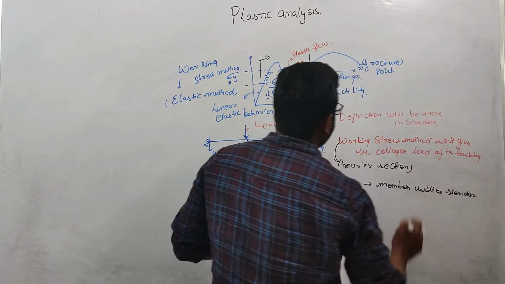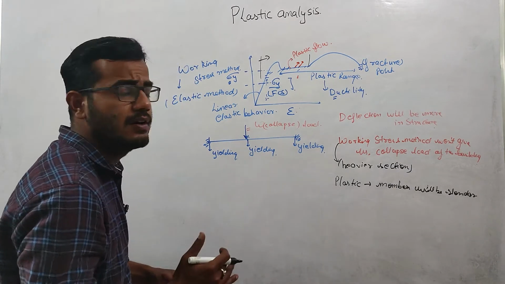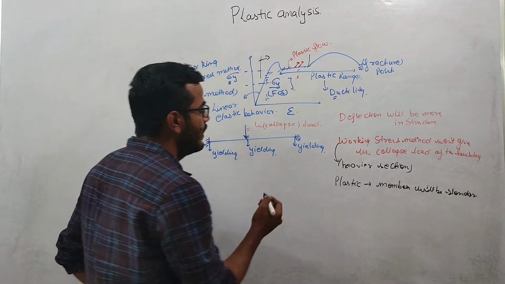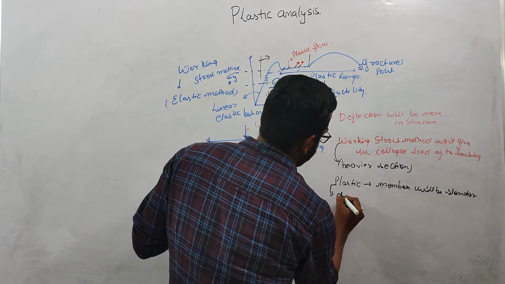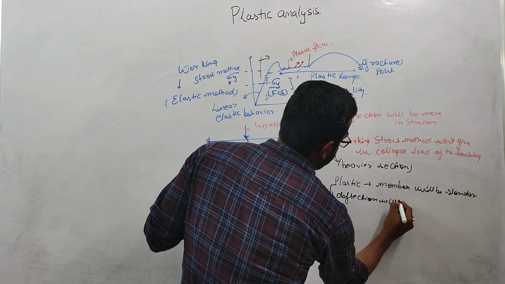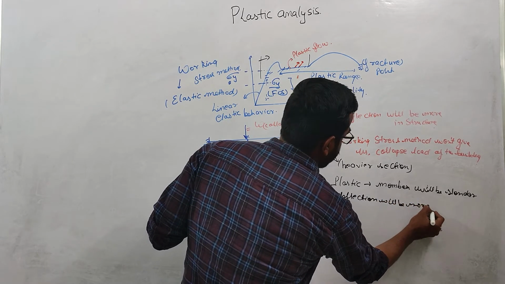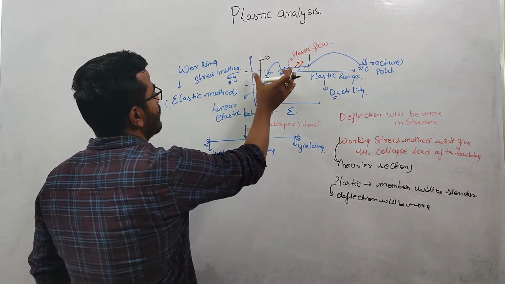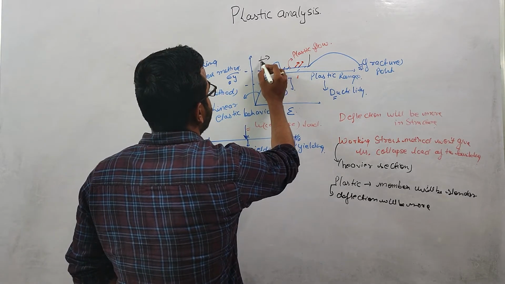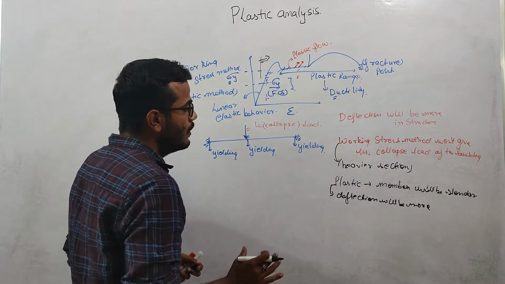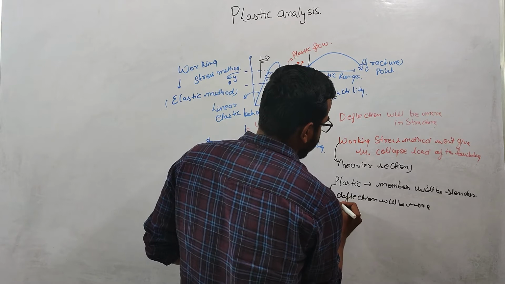Okay, so when the members are slender, then in the serviceability criteria, at the serviceable condition, the deflection will be more in plastic analysis design, because our sections are slender and we are using this extra strength also. So that's why the deflection will be more.